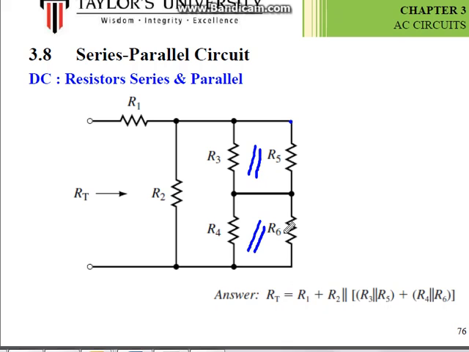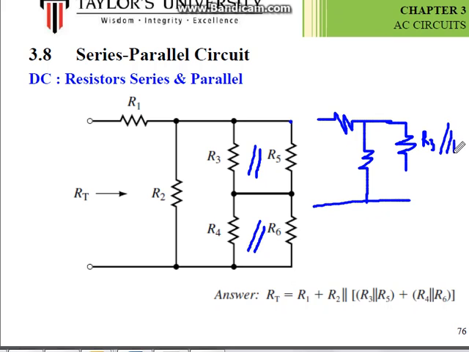Alright, so if I redraw the whole thing again, this is my R1 and then this is my R2. Alright, and then for this part here, the new resistors that I have over here, this will be my R3 parallel with my R5. How do I get the parallel form? Just go by the formula, yeah?